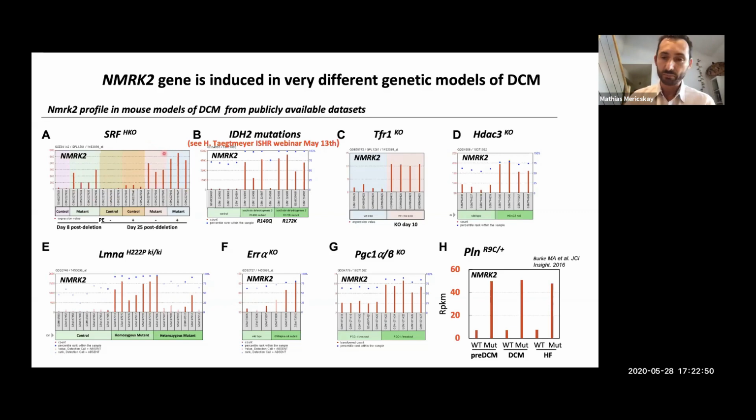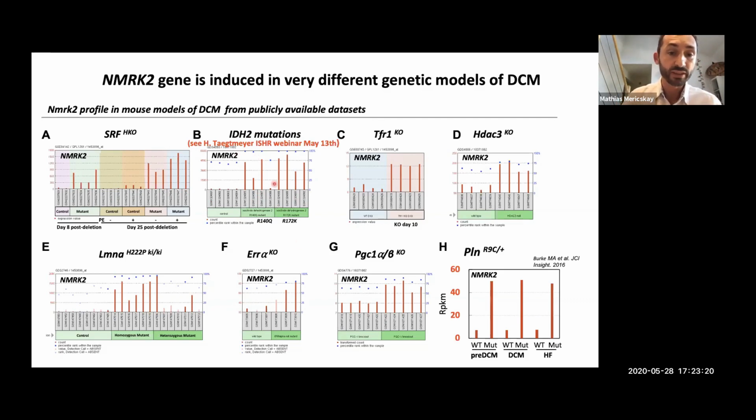When we looked at other models of dilated cardiomyopathy, we found a similar pattern of induction of NMRK2. I highlight, for instance, that it's very robustly upregulated in models with mutation in the isocitrate dehydrogenase 2 gene, IDH2, which we heard about from Heinrich Steckmeyer in a very nice webinar just 2 weeks ago.